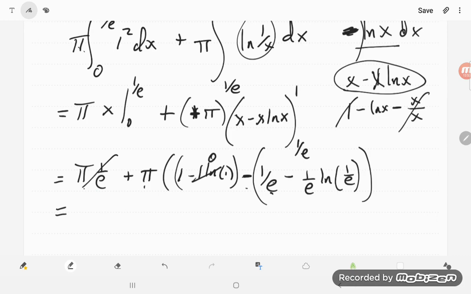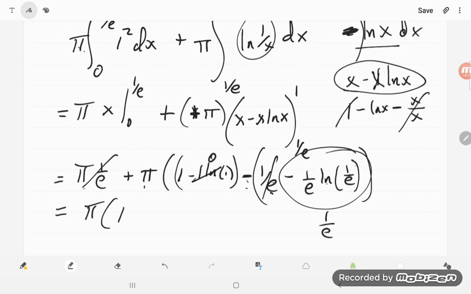So that's going to disappear along with that. And so I get a pi times 1. And now log of 1 over e, that's just the negative of log of e. And so this thing becomes a positive 1 over e.